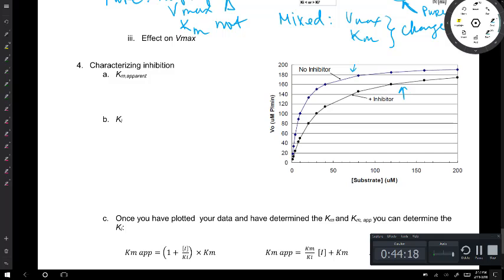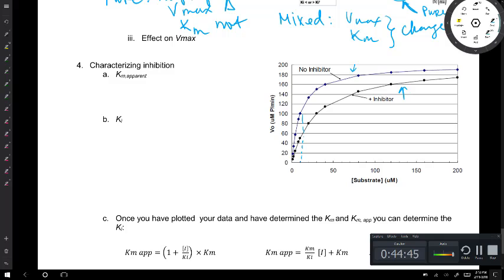So in this case, for inhibitor, our Vmax is around 200. So our Km would fall around about 100 micromole per minute. We extrapolate down, our Km is about here. For the inhibitor, again, our Vmax is probably about the same.